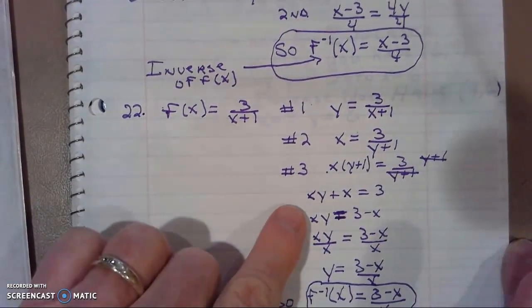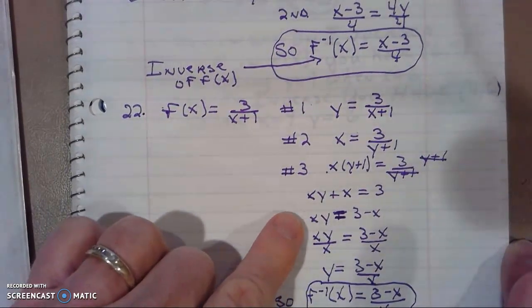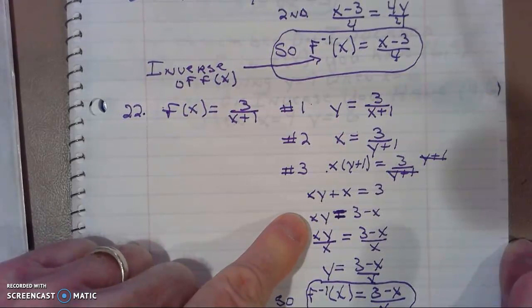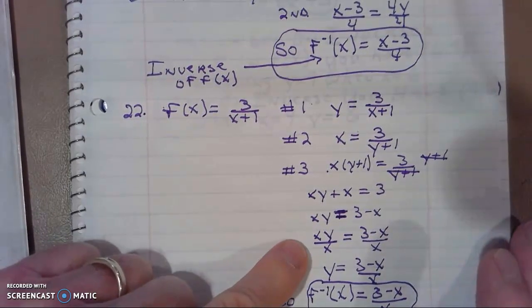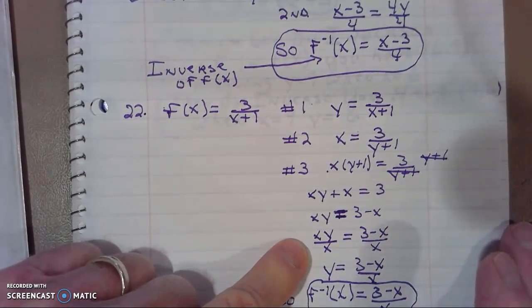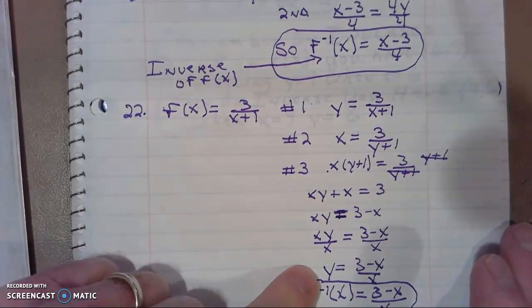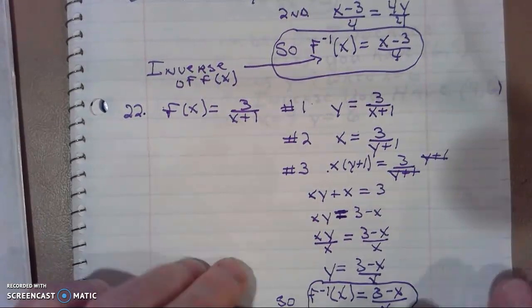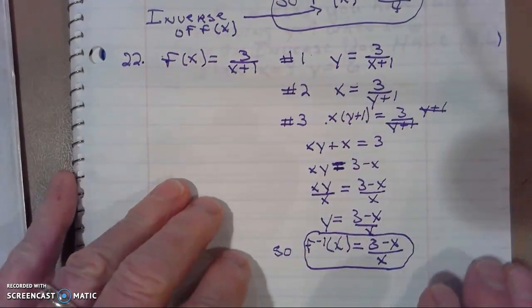So xy plus x equals 3. Then, remember, I'm trying to get y by itself. So xy equals 3 minus x. Then I divide by the x, just to be left with y. So 3 minus x over x is my inverse.